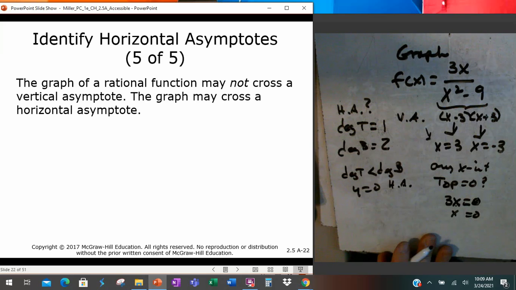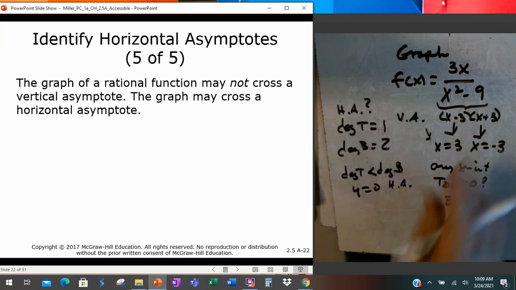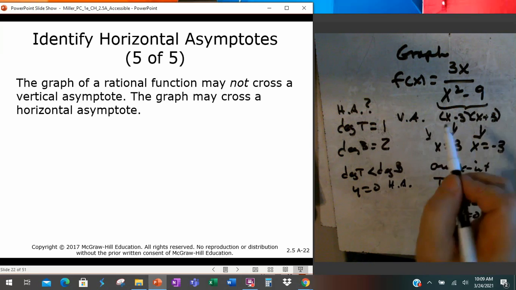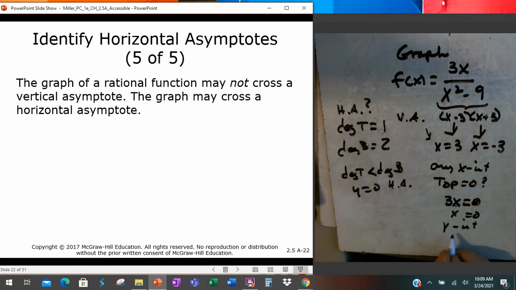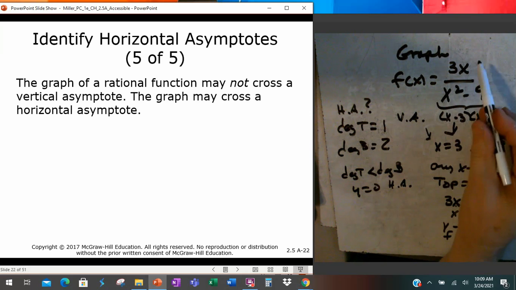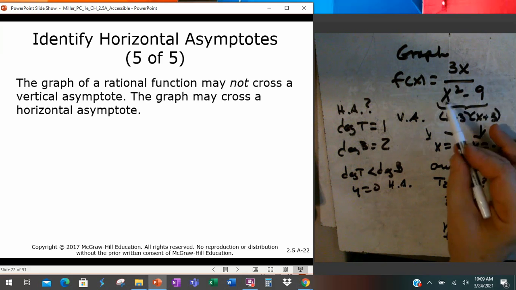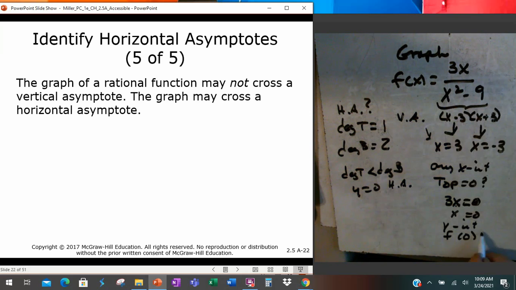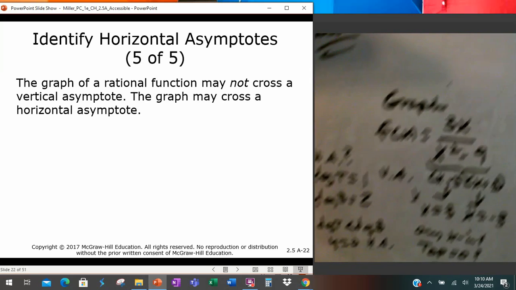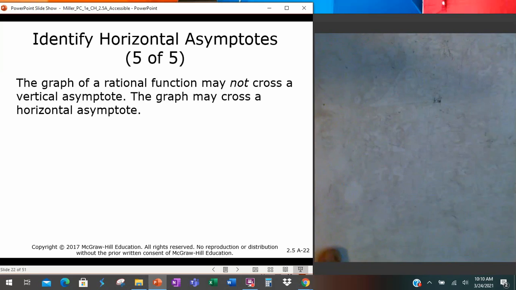So these are x-intercepts. What about the y-intercept? If there was anything that I could cancel, I cancel, and then I evaluate f of 0. And this is just going to be 3 times 0 over -9. I don't get any extra information out of that. That's just 0. Okay.